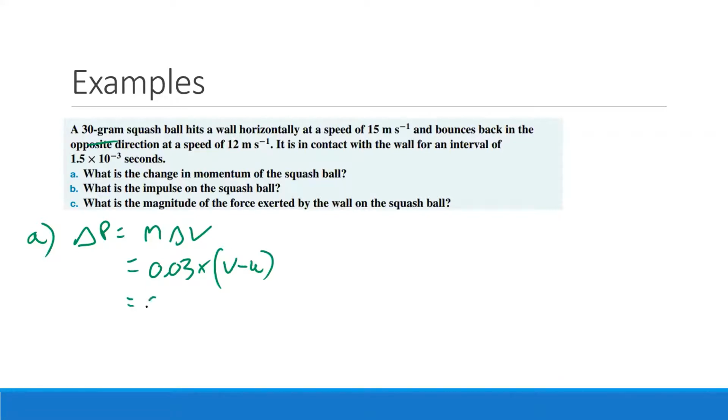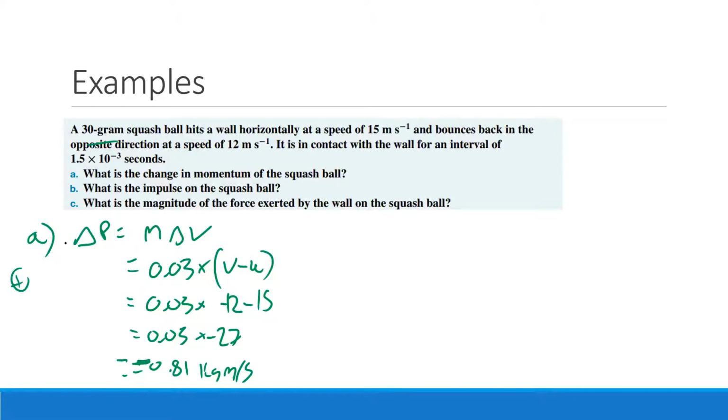That's 0.03 times the final velocity, we'll go with that being negative 12, minus the initial velocity, which is 15. That's 0.03 times negative 27, which came out to be negative 0.81 kilogram meters per second. The reason it's negative is because it's going the opposite direction.